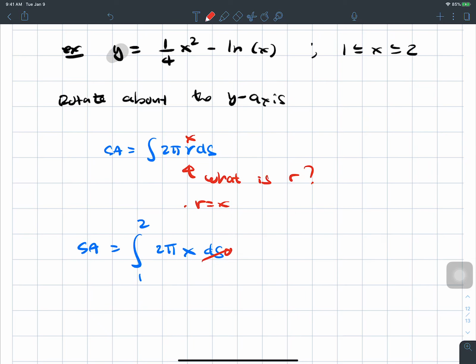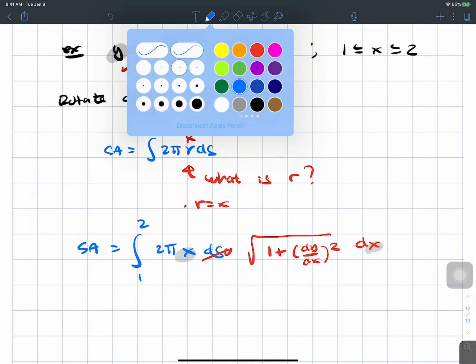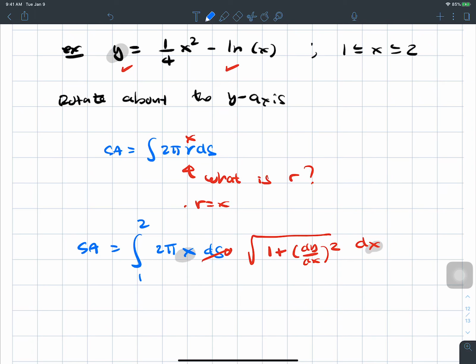My ds is going to be the square root, and it has to end in dx so I can be consistent with my integration. These variables have to be the same. I just have to find 1 plus (dy/dx) squared, and that's good because y here is a function of x, so that's going to be a lot easier to do. So let's do that.